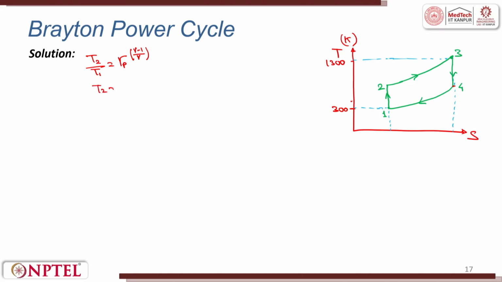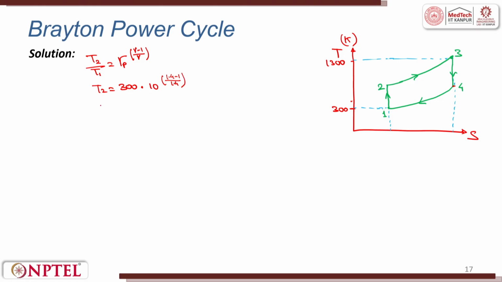Therefore, T2 is equal to T1 times this value, where T1 is equal to 300 Kelvin and Rp is 10 to the power gamma minus 1 by gamma, that is 1.4 minus 1 by 1.4.